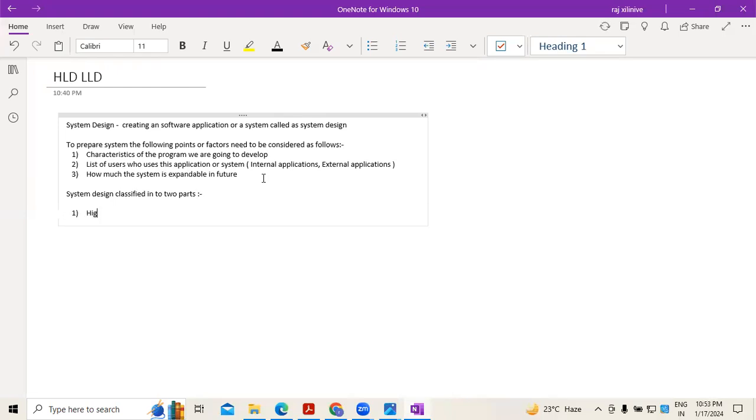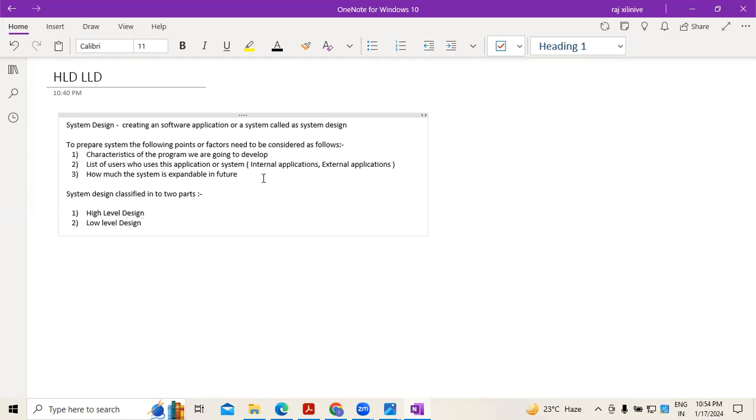The first one is high level design. The second is called low level design. These are the two different designs which we normally have.